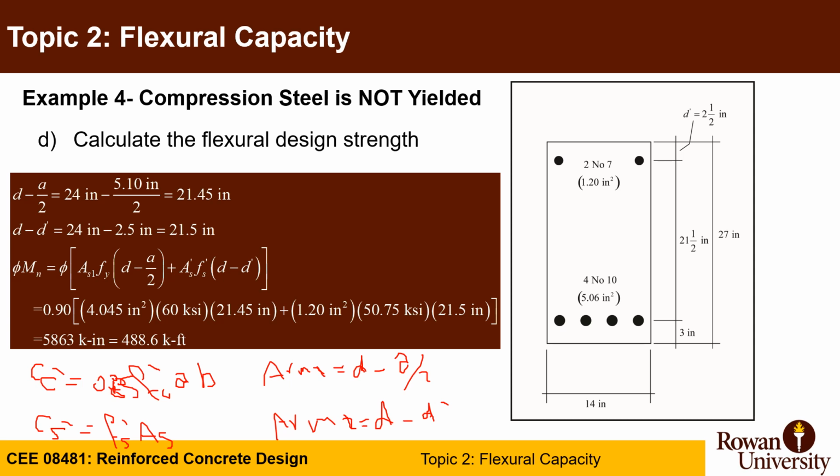Or the second method, you can calculate AS1 and AS dash as we did before, and the answer will be 488.6 kip-foot.